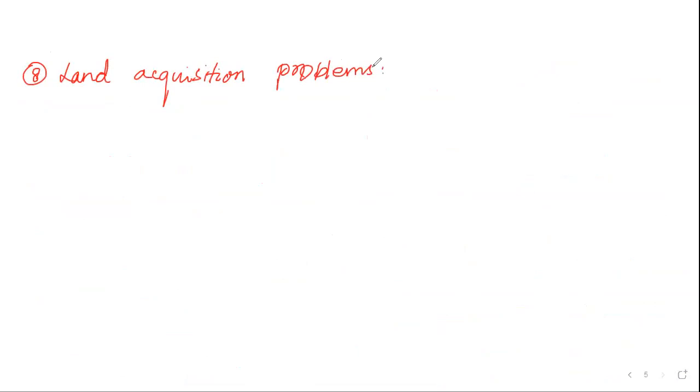What is the land acquisition problem? Any industry, and especially an aluminium extraction unit, will need a lot of land. It will lead to displacement of people, so that will be creating a lot of problems.